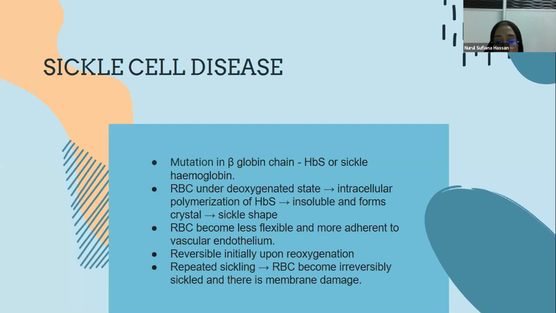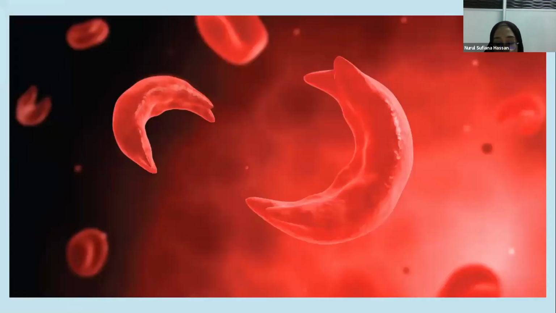HBS. So in sickle cell disease, red blood cells can carry oxygen well, but under deoxygenated state, the red blood cell will adopt the sickle shape due to the intracellular polymerization of HBS, in which the HBS will become insoluble and form crystals. This causes the red blood cell to become less flexible and more adherent to vascular endothelium.